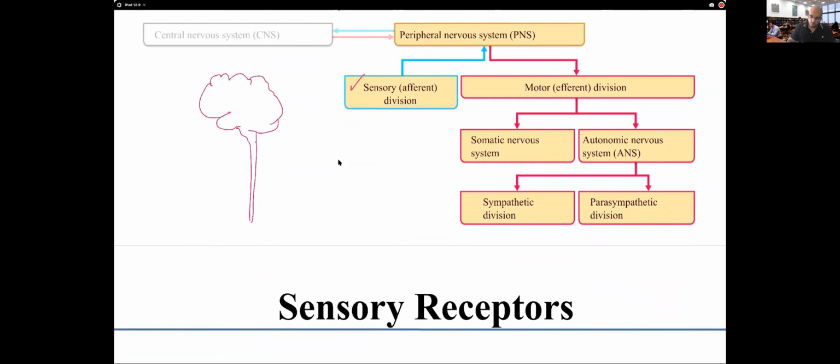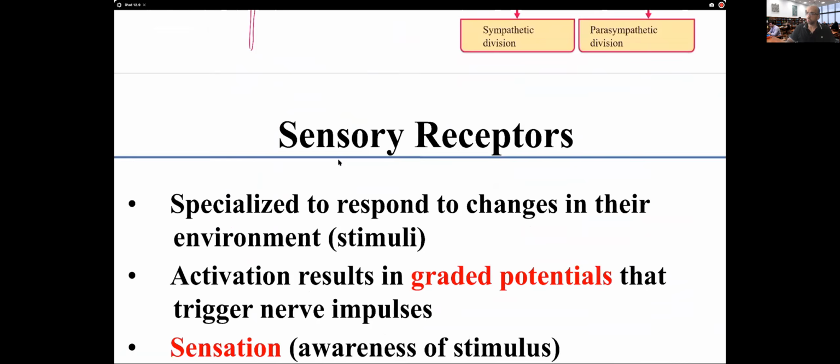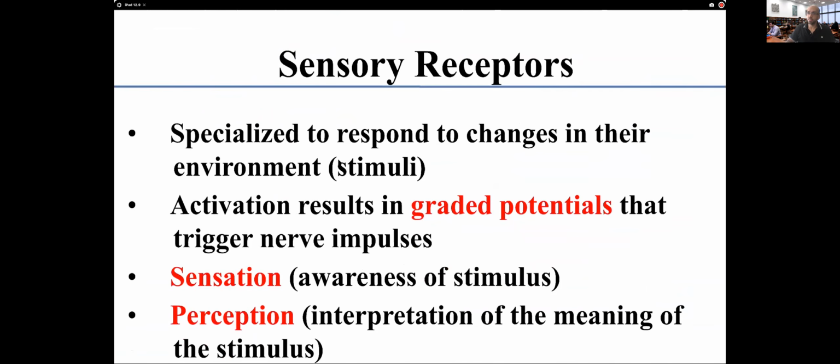And this includes the nerves that are conducting the sensory impulses and the nerve fibers that are conducting the motor impulses. The first part of the peripheral nervous system is going to be the sensory receptors. And those are specialized to respond to changes that are taking place in the environment.